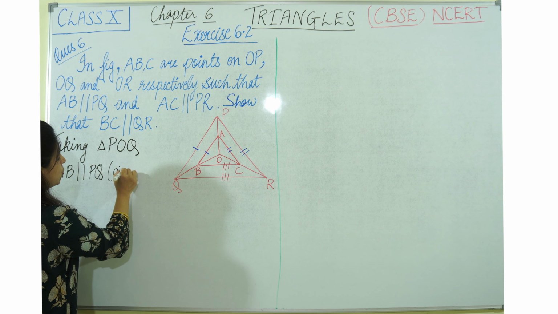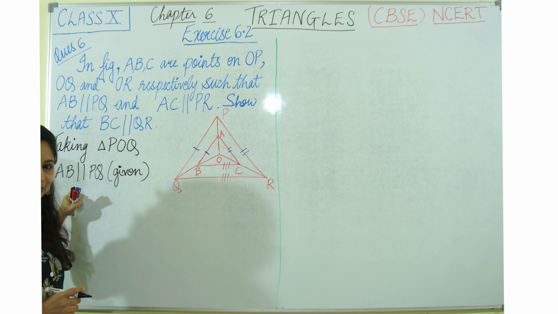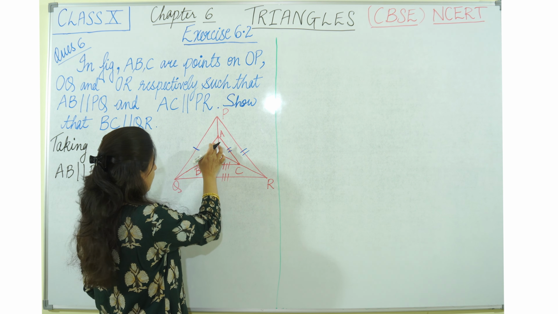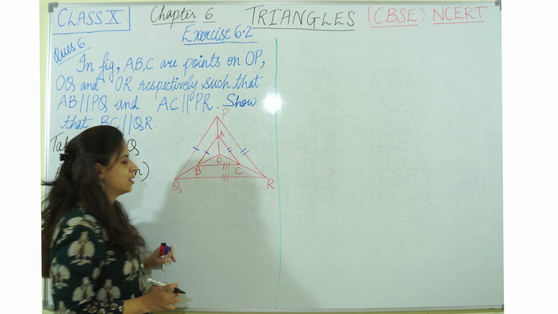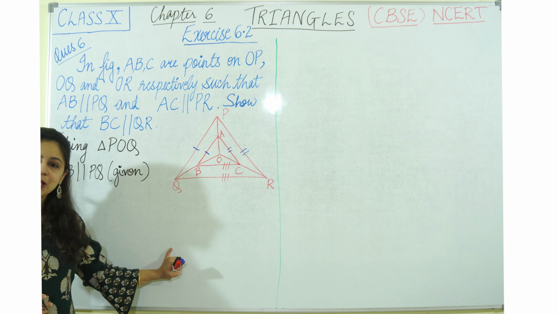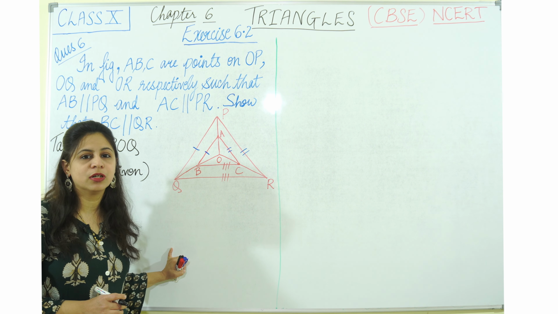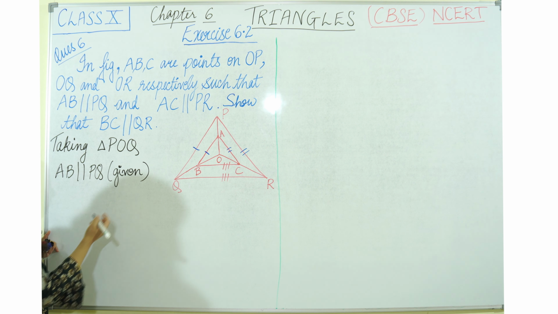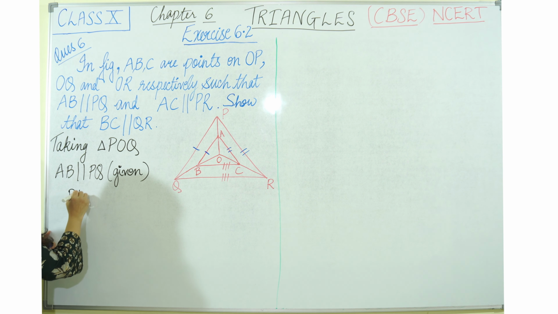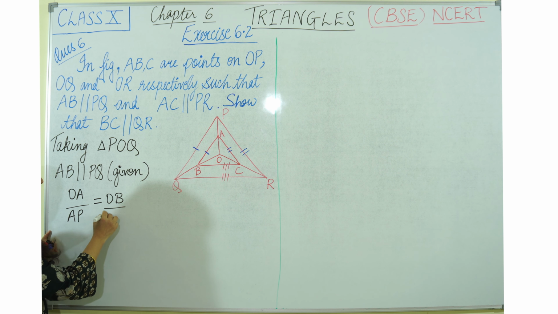It is already given to us in the question. So here AB is parallel to the third side of the triangle, and A and B lie on the other two sides of the triangle. So here the basic proportionality theorem is applicable, or we can say theorem 6.1, which is the Thales theorem. So we can easily say that OA upon AP is equal to OB upon BQ.